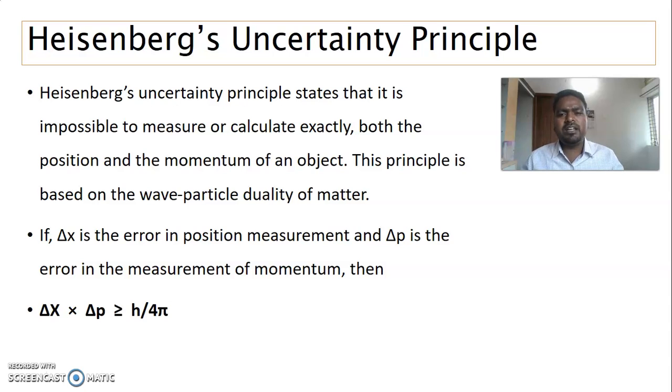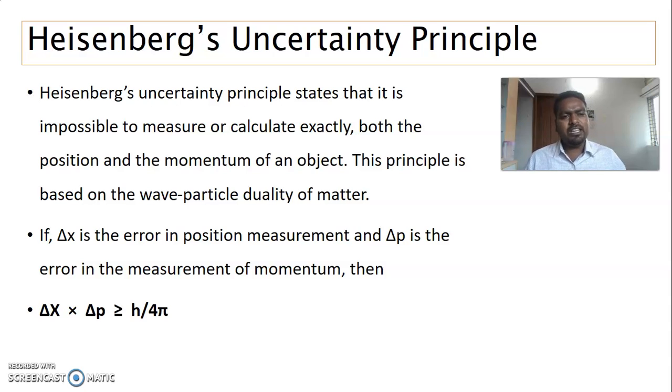According to the Heisenberg uncertainty principle, it is impossible to determine position and momentum simultaneously and accurately. That means, at a time, either we can determine the position of an electron or its momentum, that means velocity.